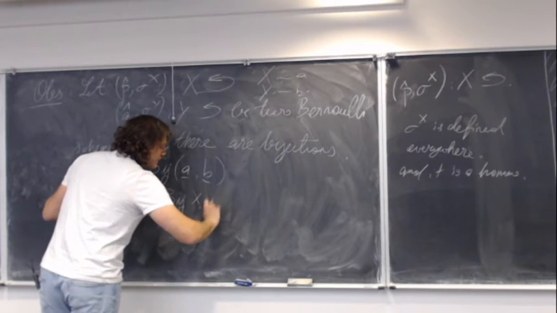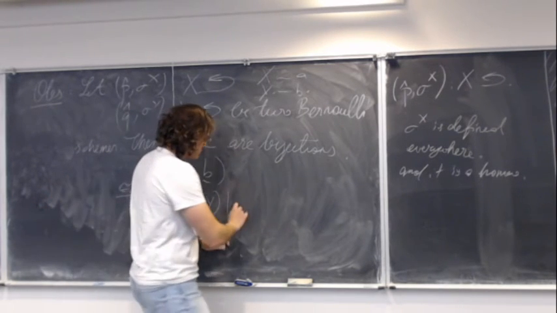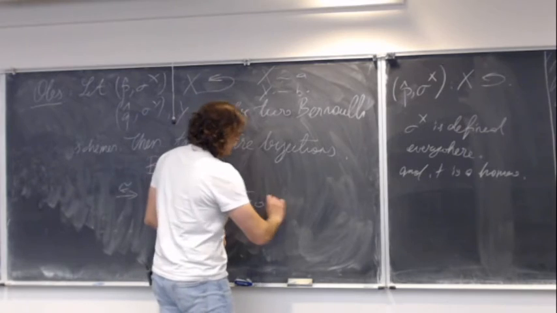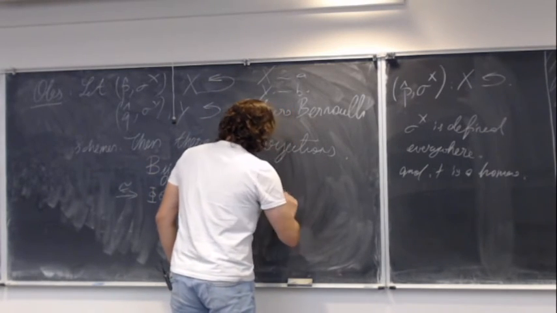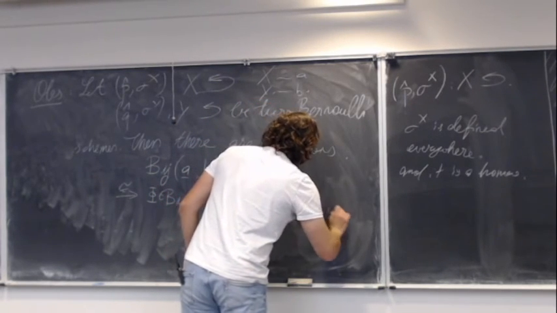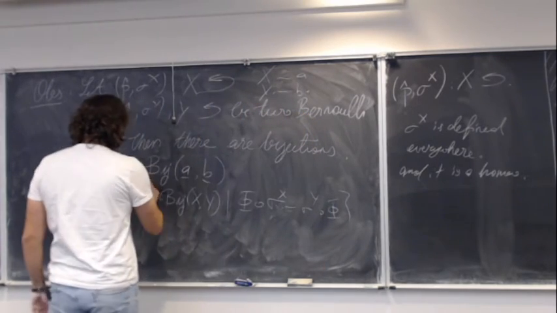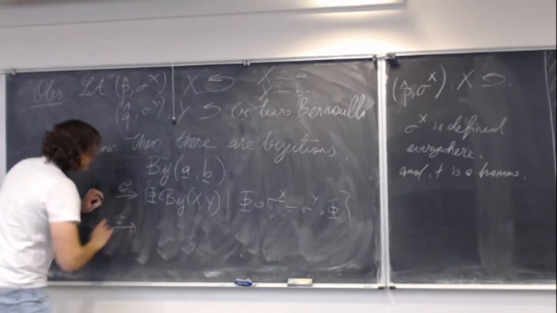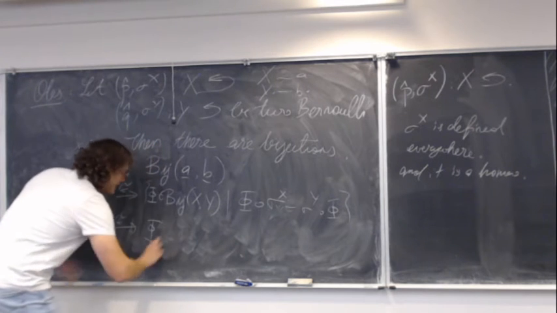Bijections from X to Y that commute, that is equivariant, if you want. And homeomorphisms.